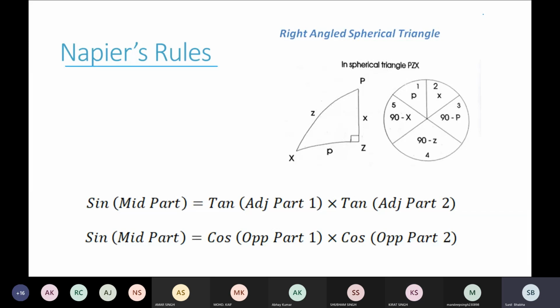So any two sides of the triangle, if they are known to you, or any two parts of the triangle, if they are known to you, by using the Napier's rule, you can find everything else in that triangle.